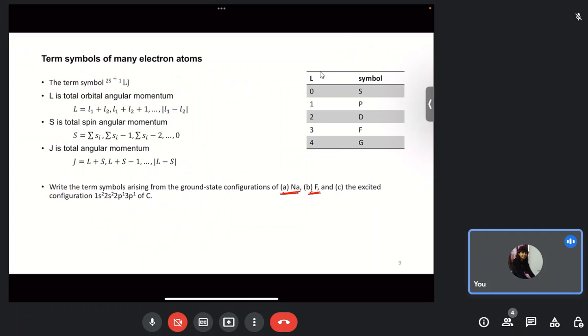And now we need to find the term symbols associated with the excited state configuration of carbon.